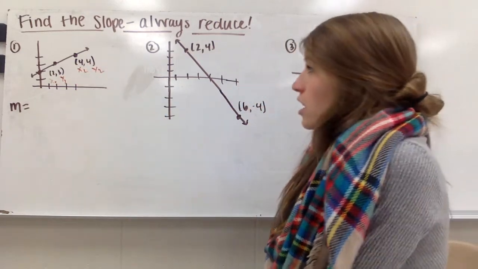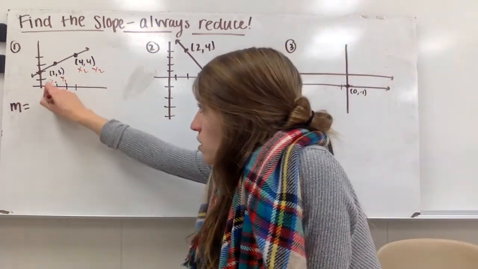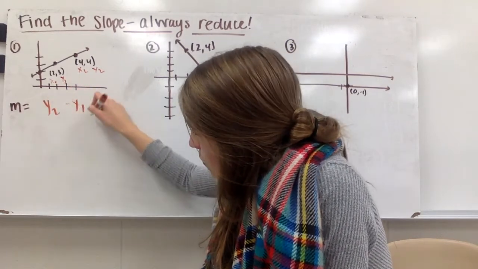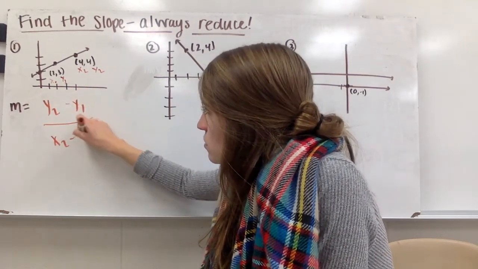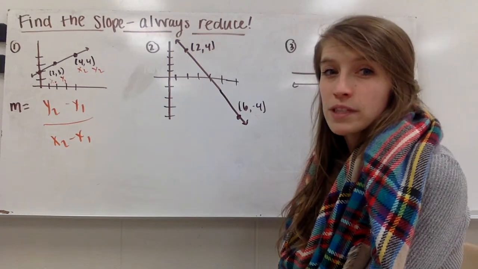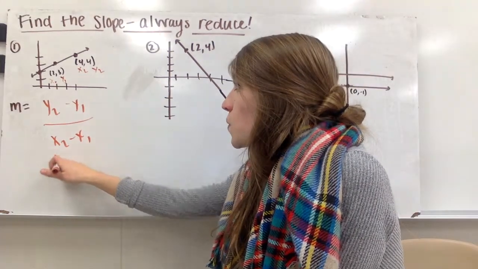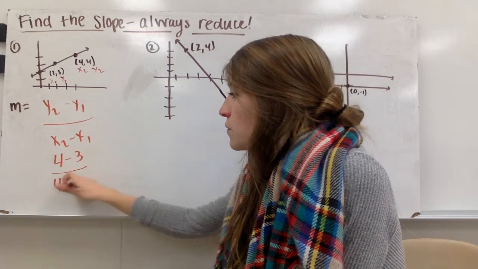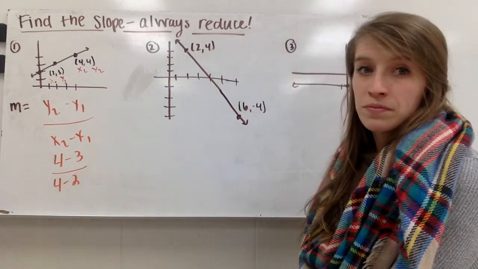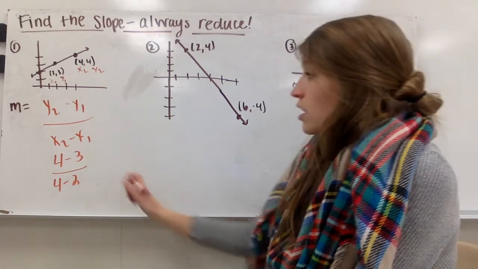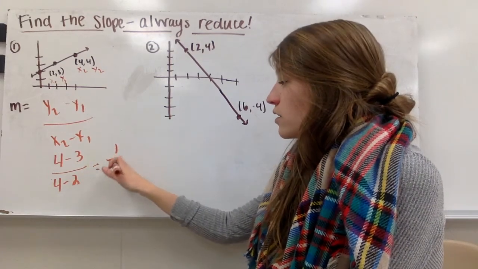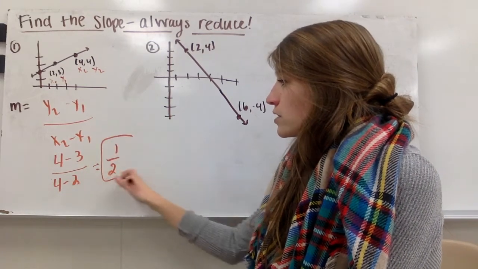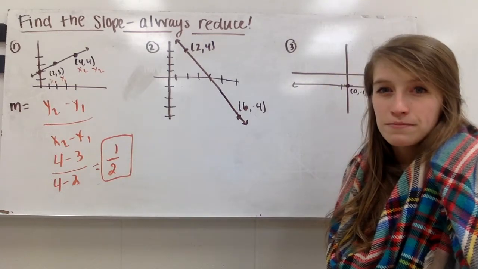Our slope, just remember, is always y2 minus y1 over x2 minus x1. y2 in this case is 4. This is 4 minus 3 all over 4 minus 2. This simplifies then to 1 over 2. You get a slope of 1/2.